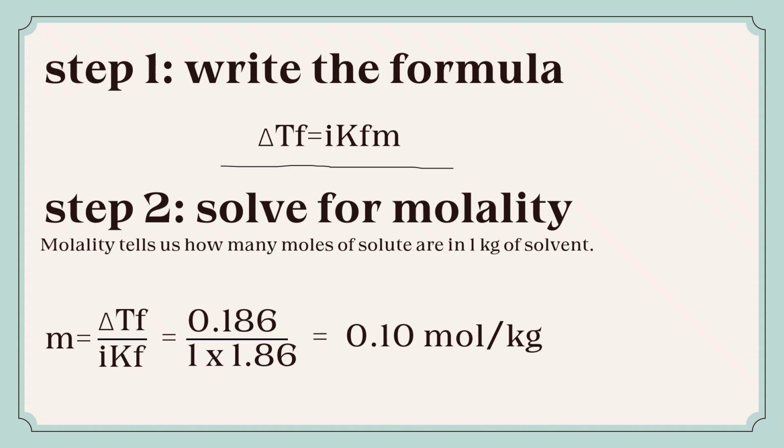Molality tells us how many moles of solute are in 1 kilogram of solvent. m equals delta T sub F over i times K sub F, equals 0.186 over 1 times 1.86. So this is the solute particles, this is the Van't Hoff factor, and this is the measurement of the water. So it equals 0.10 mole per kilogram.